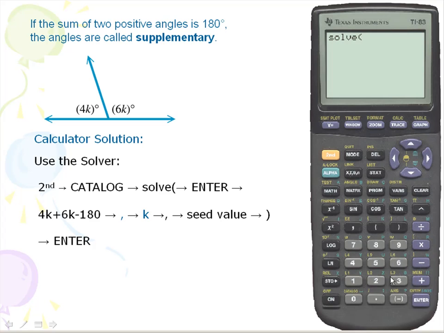We'll put in our equation set equal to 0, so that's 4K. And notice that K is located above the begin parenthesis, plus 6K minus 180.